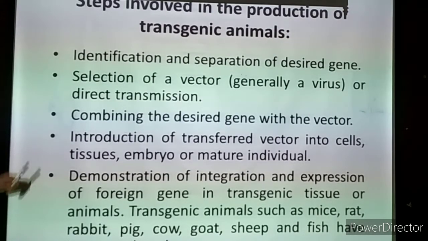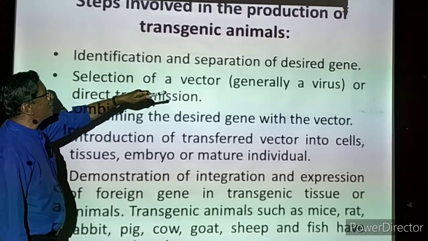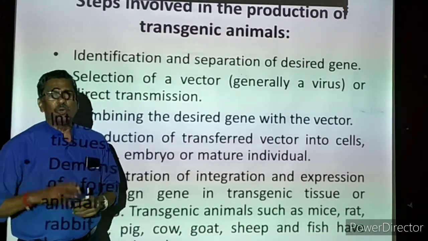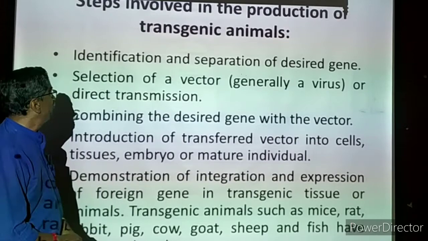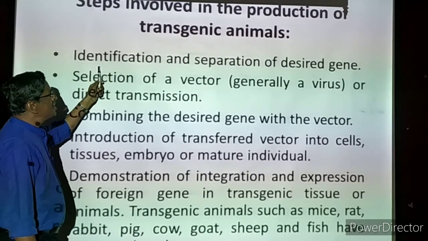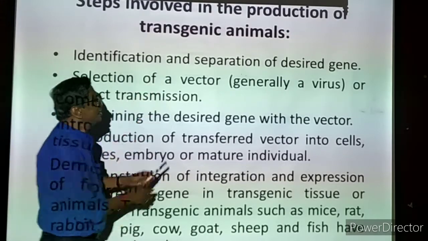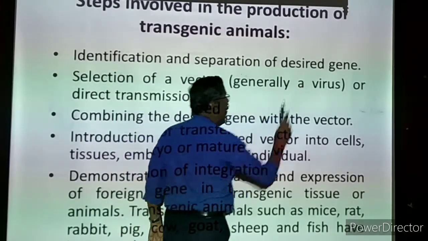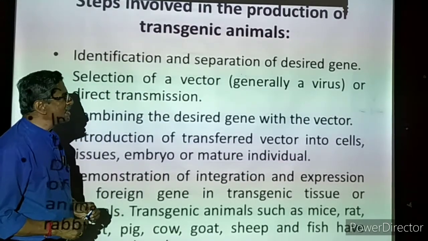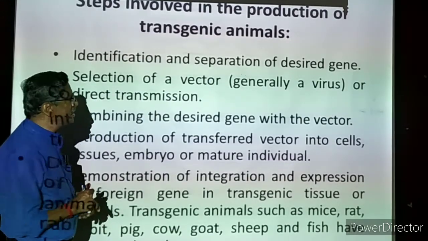Now we are coming to the steps involved in the production of transgenic animals. To bring one transgenic animal, what are the steps we have to take in the technology? We have to say: identification and separation of the desired gene. What is the desired gene? The good quality gene. First we have to identify which animal has it, and in which chromosome that good gene is present.